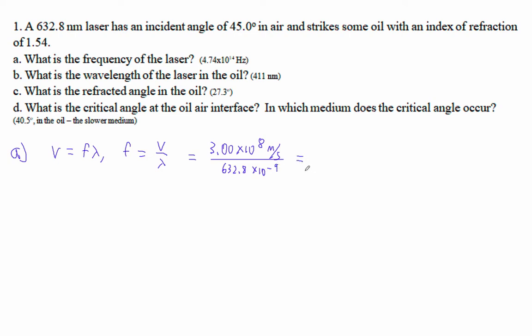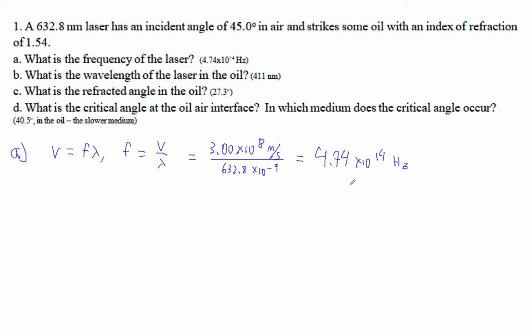So this is going to be a big number. 3E8 divided by 632.8 times 10 to the minus ninth is 4.74 times 10 to the 14th hertz. All right, so that is our frequency.